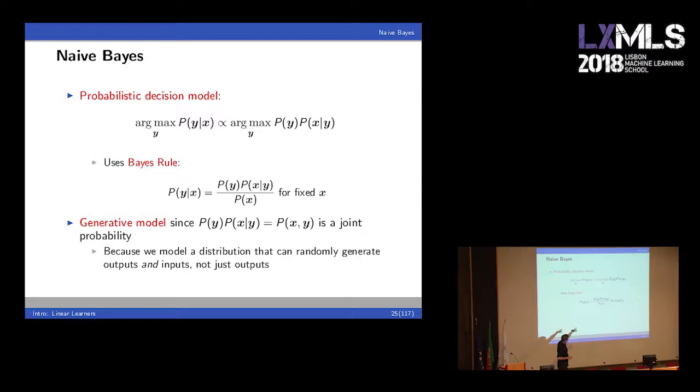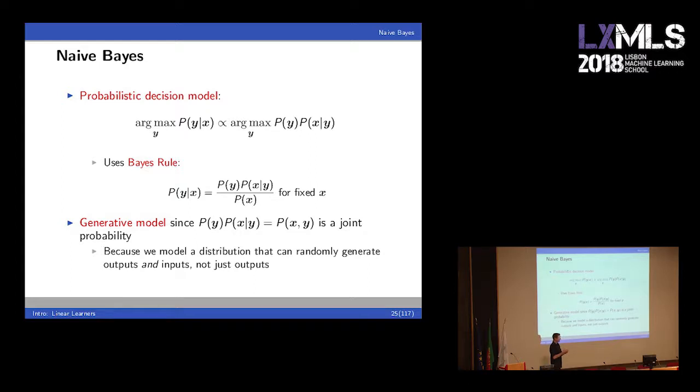Using Bayes rule, we can turn this around because the probability of input is the same for all labels, so we can just cancel it if we do the argmax. What's important is that the model is a generative model, because what we are actually modeling is the joint probability of x and y.